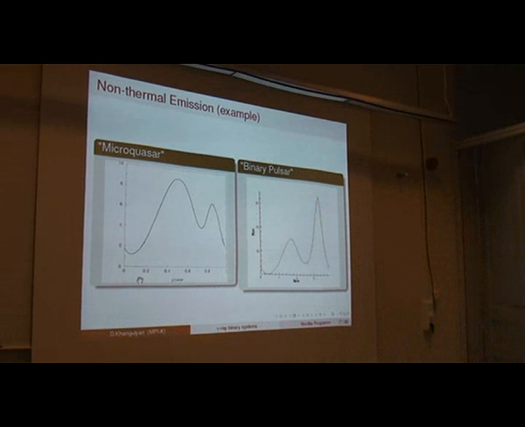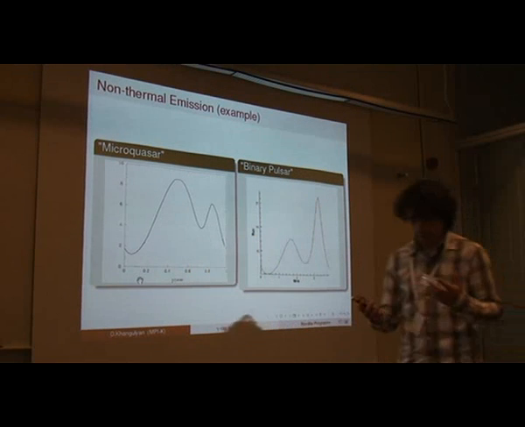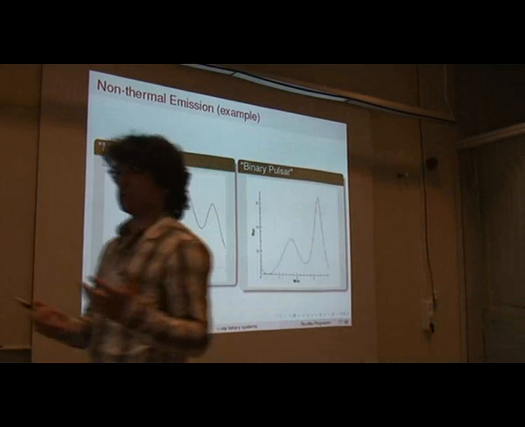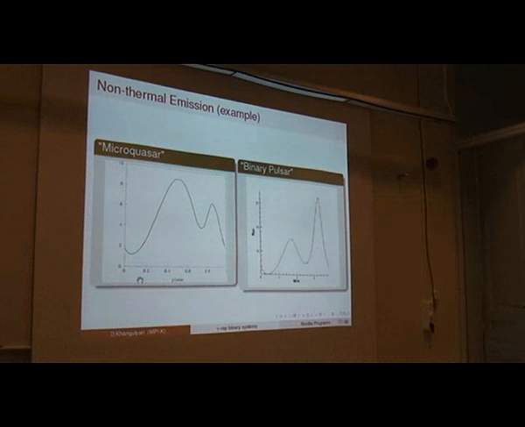To distinguish between pulsars and microquasars from non-thermal properties, one needs very detailed observation, and also very accurate modeling of the system. At the moment, these things are not available.